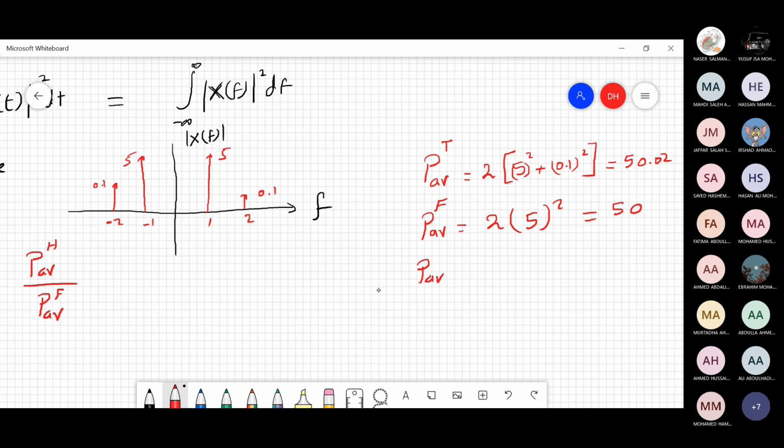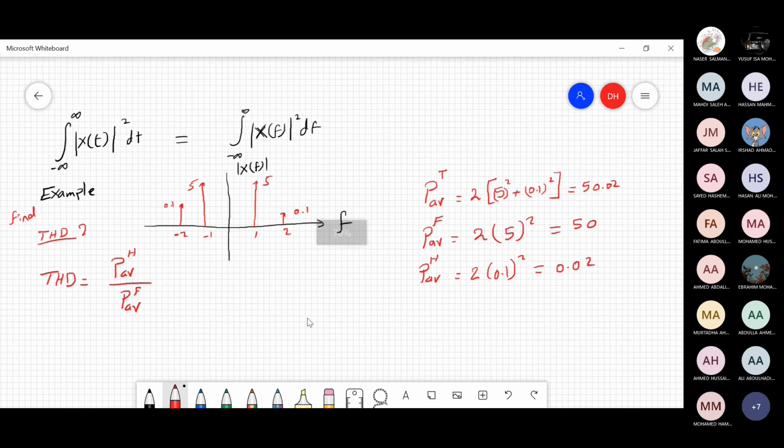And what about harmonic? Here we have only this one. I don't have the rest, all the rest are 0. So it is at 2, so it is 0.1 squared plus 0.1 squared, so 2 multiplied by 0.1 squared, which is equal to 0.02. So then total harmonic distortion is straightforward here.